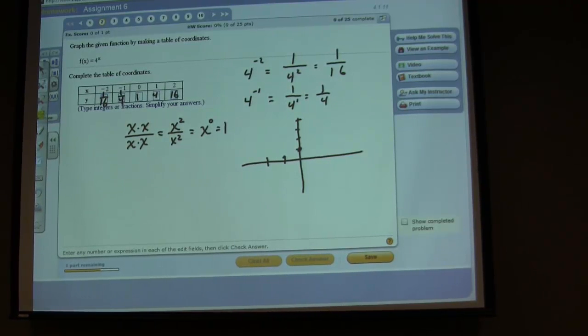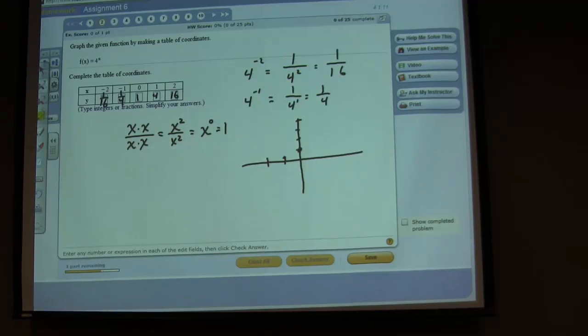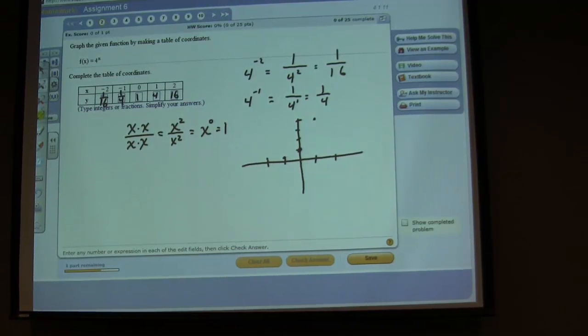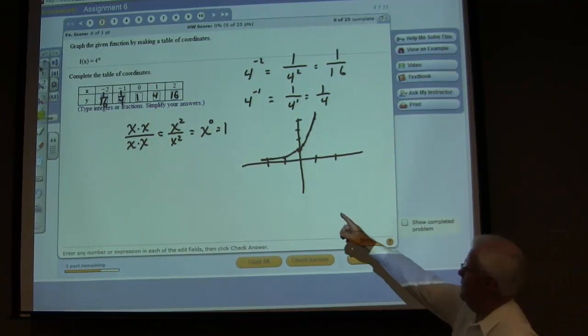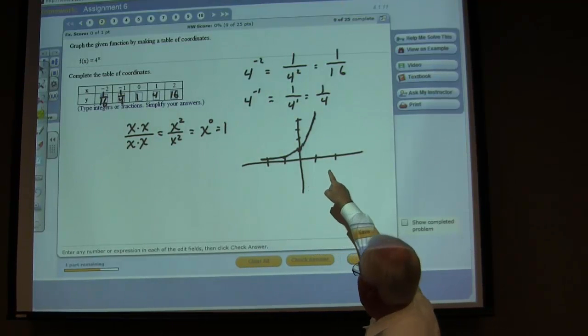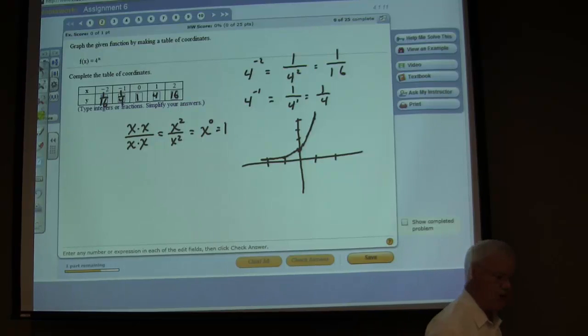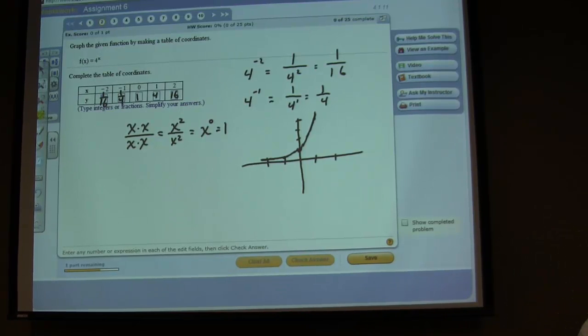When x is 1, y is 4. And when x is 2, wow, it's way up there. So the graph is going to look something like this. And you can see now that as it goes out, it's growing very, very fast. That's why we say it's growing exponentially. So that's what the graph looks like.